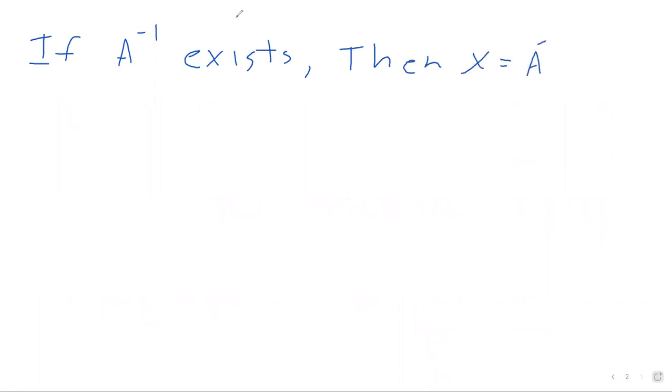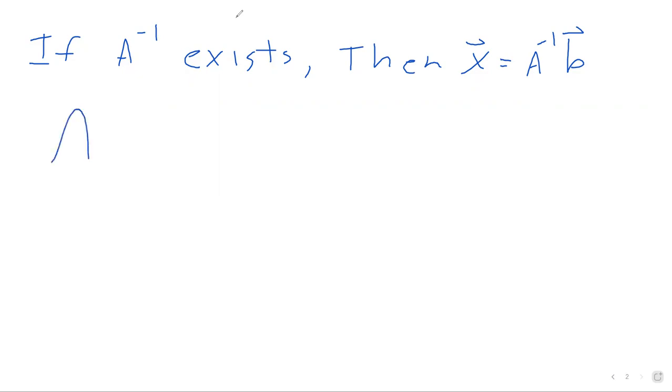Now if our A inverse exists, then we can easily find X. In order to solve it, we're going to have to solve this system for X. Just like we did before, we're going to have a homogeneous solution and a particular solution.